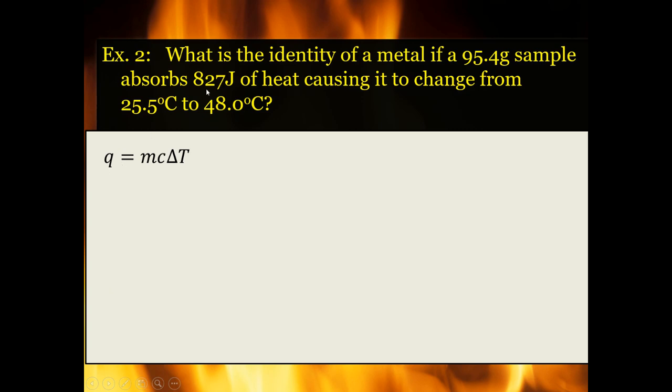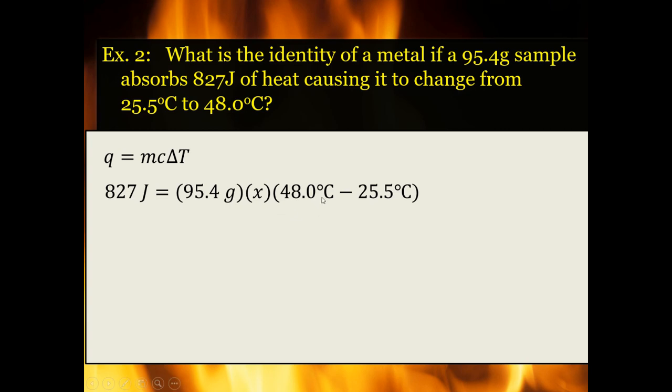Q is heat. We see that our heat is 827 joules, so we can plug that in. We see that our mass is 95.4 grams. In this case, in order to identify our metal, we're going to solve for the specific heat. So I'm going to put an X there. And then for our change in temperature, remember we always do final minus initial.